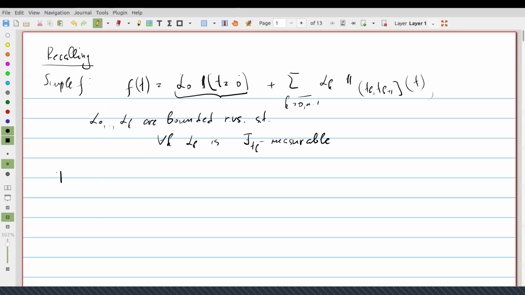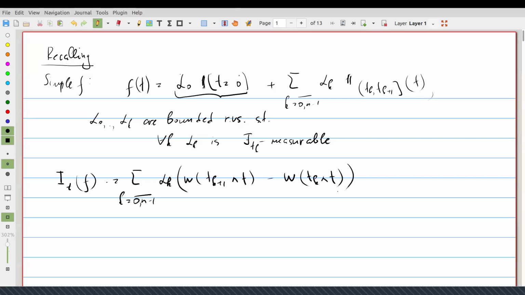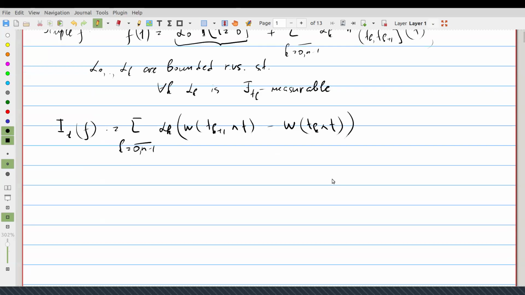And the corresponding Itô integral at time t was defined by us by the sum, k from 0 to n minus 1, of alpha k times (W at t_{k+1} minimum t, minus W at t_k minimum t). I wrote it last time in a slightly different manner, but it is exactly the same.